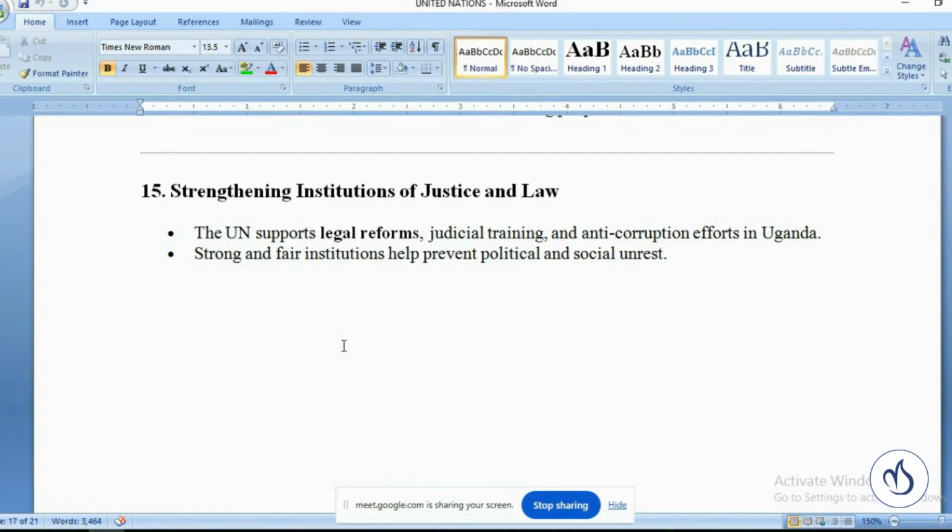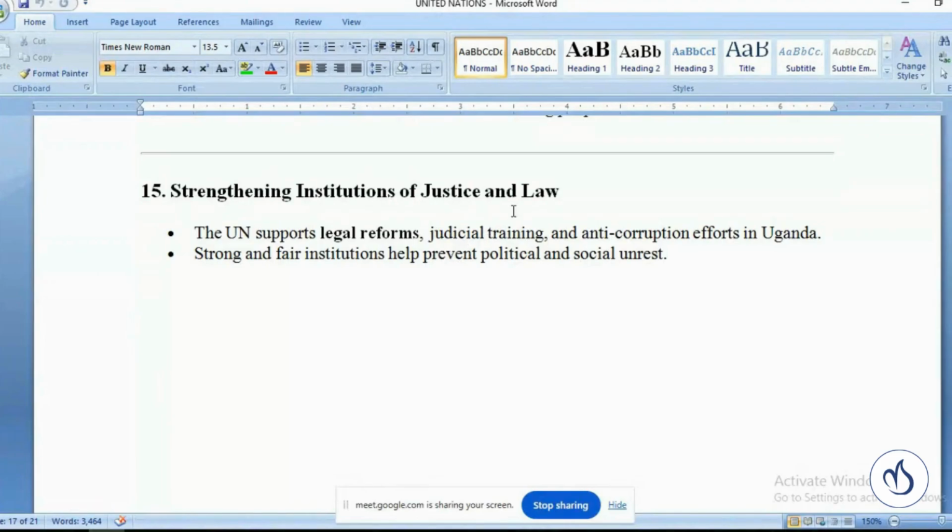And when you go to courts of law, you can't win against that person simply because he's a big person, comes from a certain family, and you will find that it's a problem to find justice. But this is the role of the UN now. The UN supports legal reforms and judicial training.